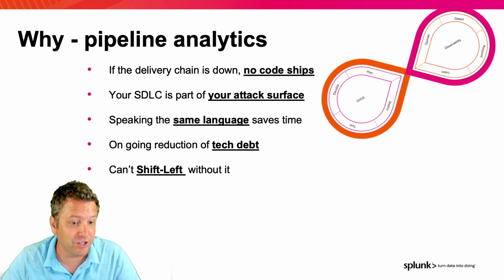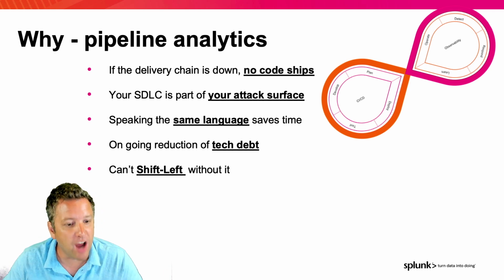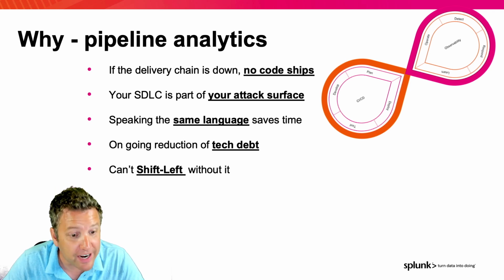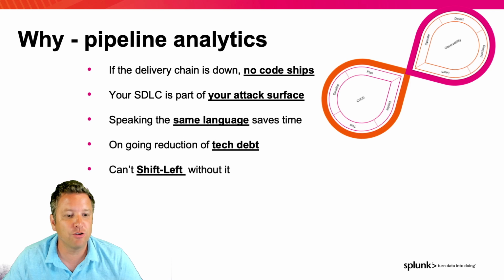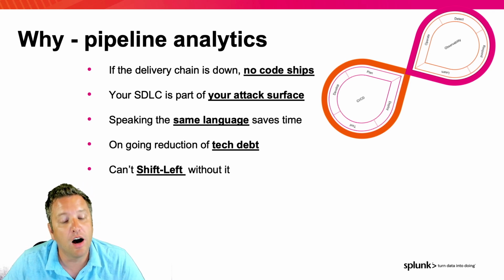And that configuration is not secure. So part of an ongoing, continuous, healthy identification of technical debt is pipeline analytics. It allows you to see what's going on, to more quickly identify potential areas of operational drift.